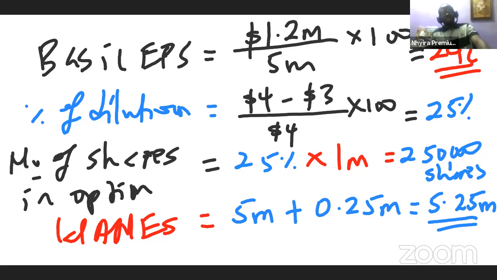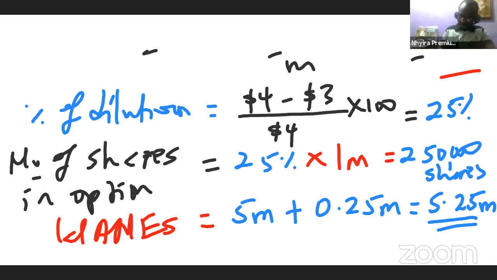So this is the weighted average number of equity shares. These are the 3 steps we go through in getting the weighted average number of equity shares. Once we have this, we can now compute our diluted earnings per share.